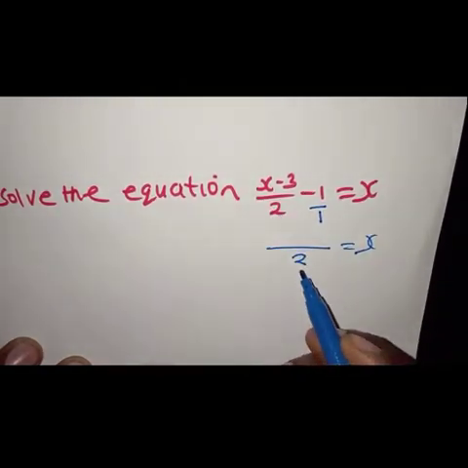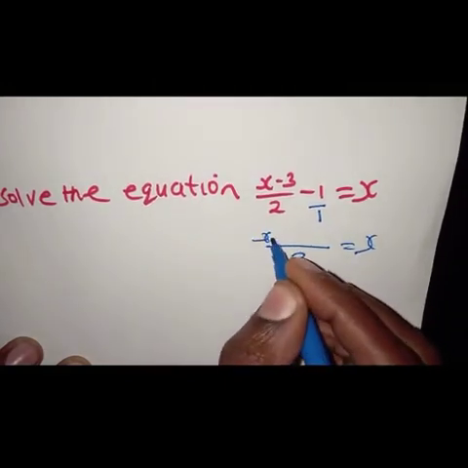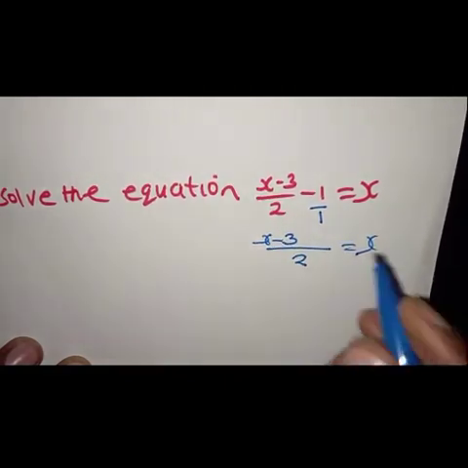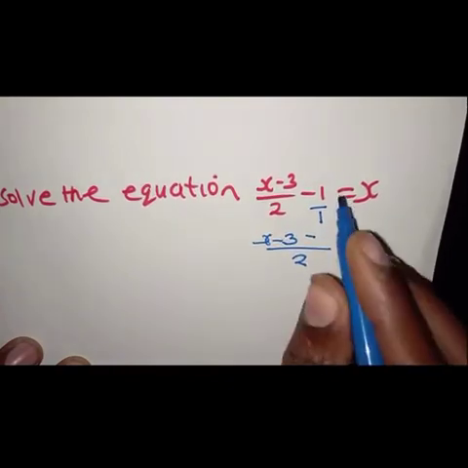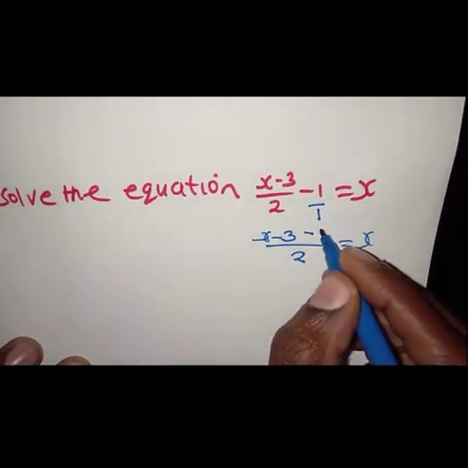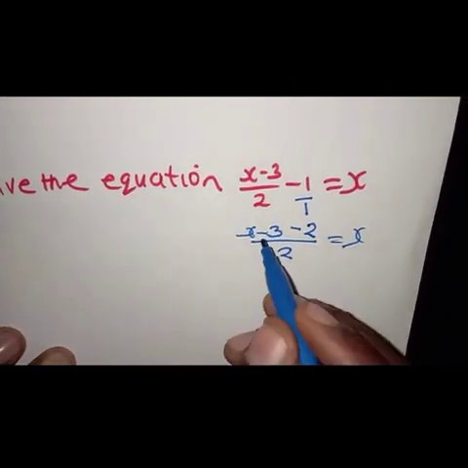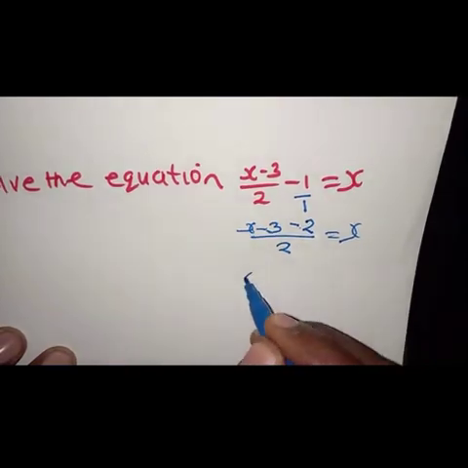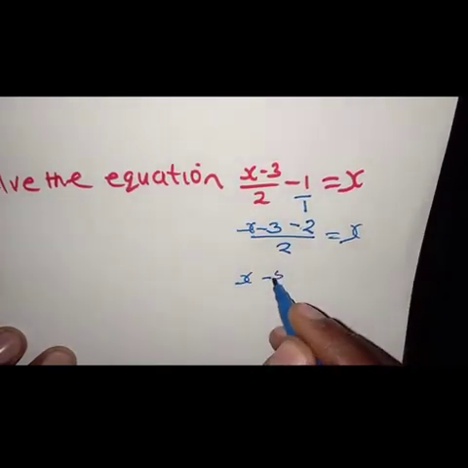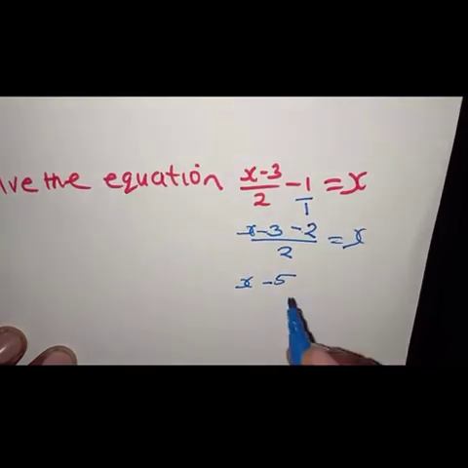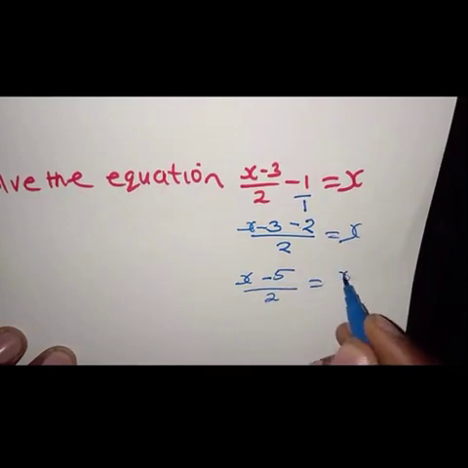So 2 into 2 is 1. 1 times x minus 3, it will still be x minus 3. 1 into 2, 2. 2 times 1 to still be 2. So these are like terms. You are aware that -3 minus 2, you get -5 over the same 2 is equal to x.